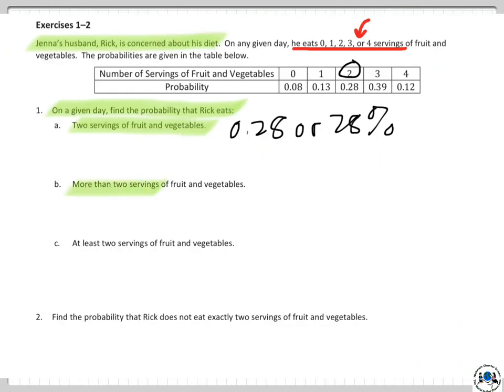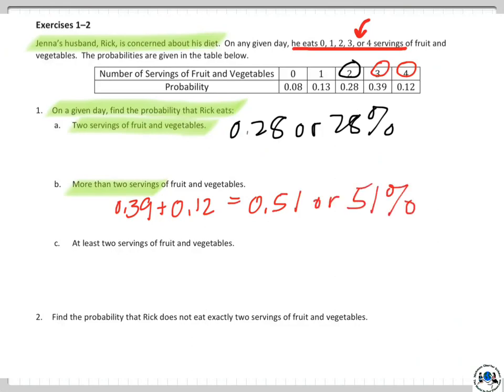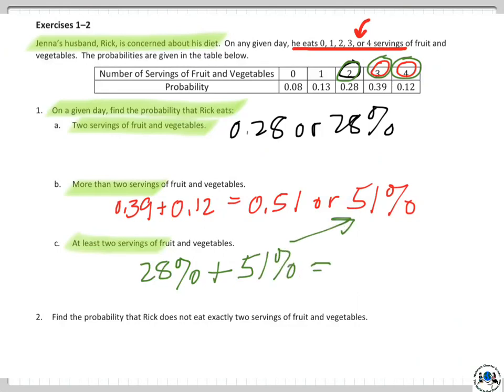Okay, more than 2 servings of fruit and vegetables. We're looking at the 3 and 4 columns, and if we add those up, we get 0.51, 51 hundredths, or 51%. At least 2 servings is going to be 2, 3, and 4. This is very similar to what we just saw, and I just went ahead and added that 28%, which is the 2, and the 51%, which I had already added up here. Okay, little shortcut.